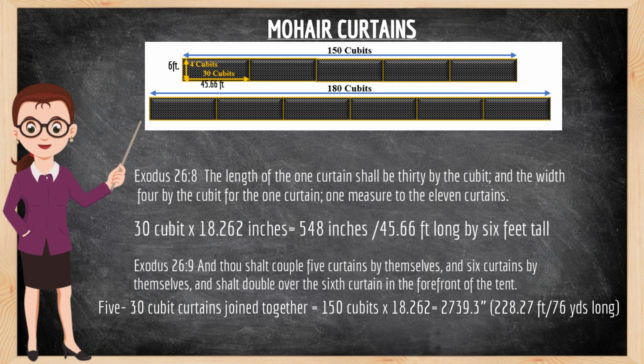So 5 30-cubit curtains joined together are 150 cubits times 18.262 gives us 2,739.3 inches, or 228.27 feet, or 76 yards.